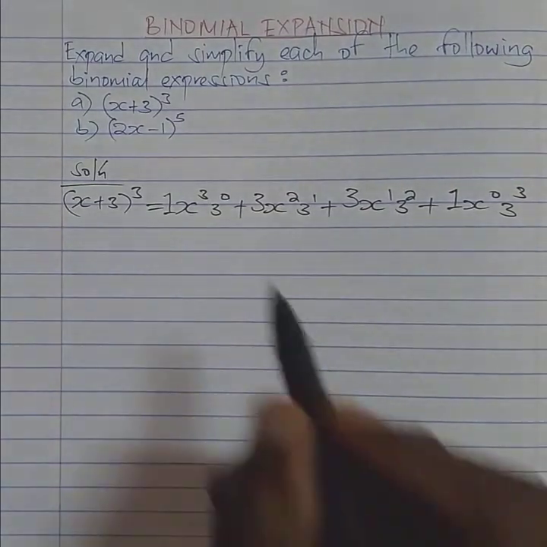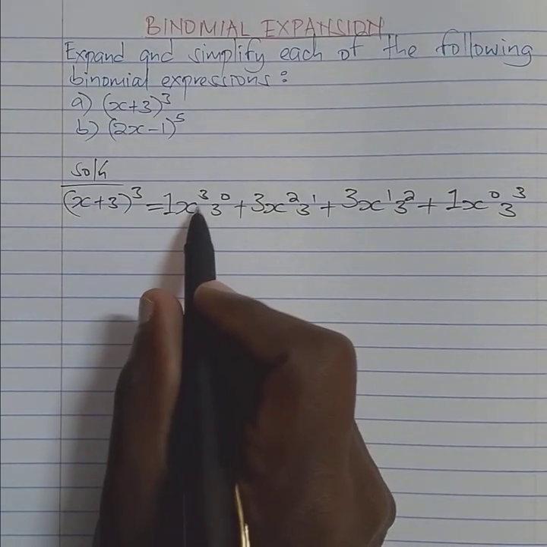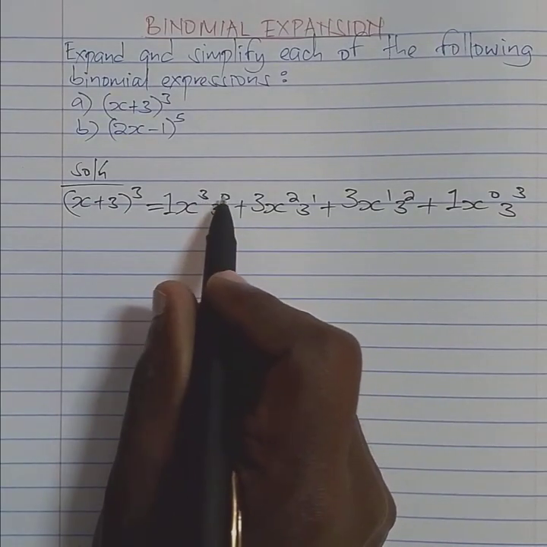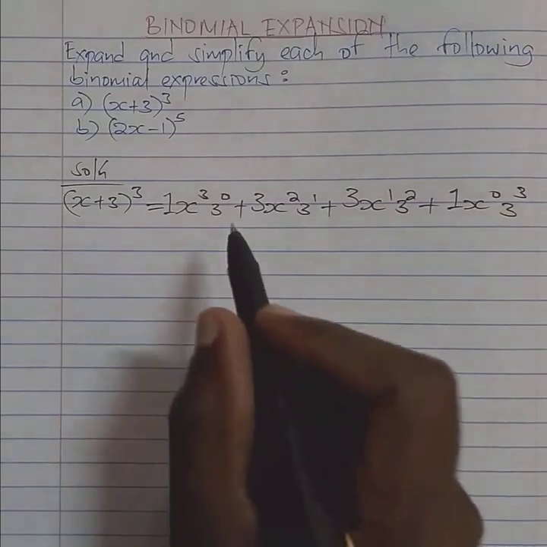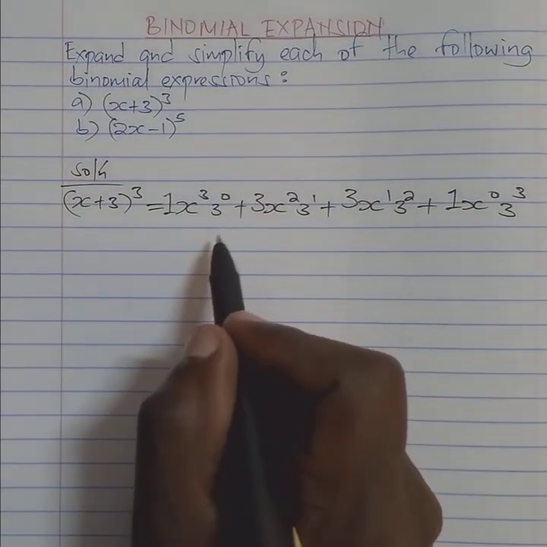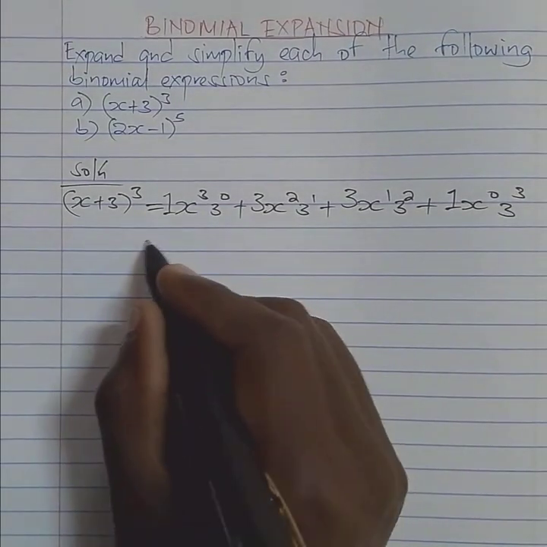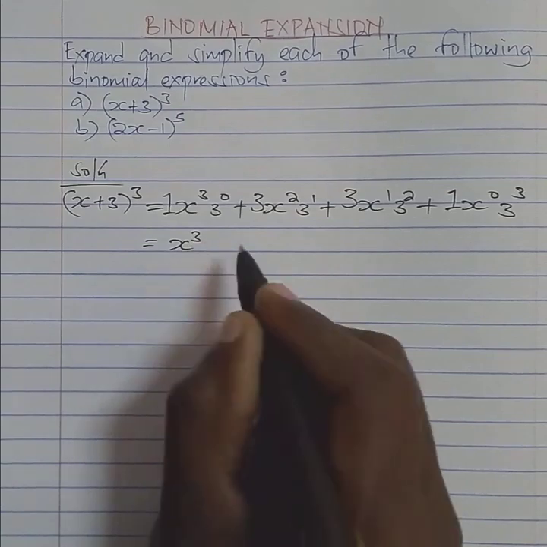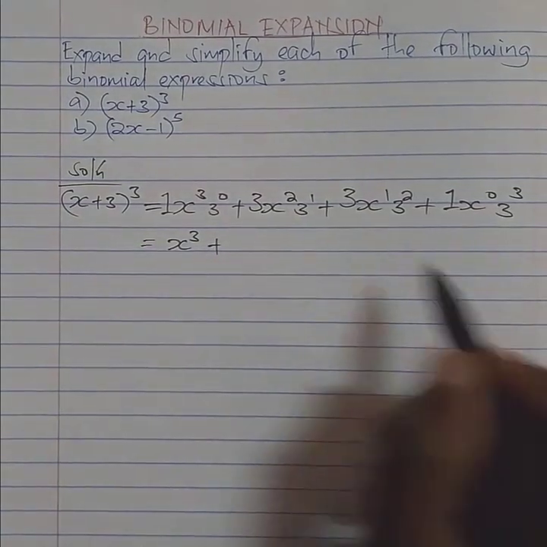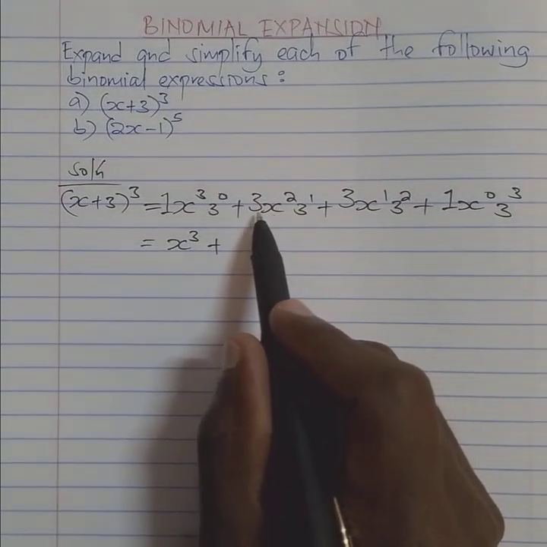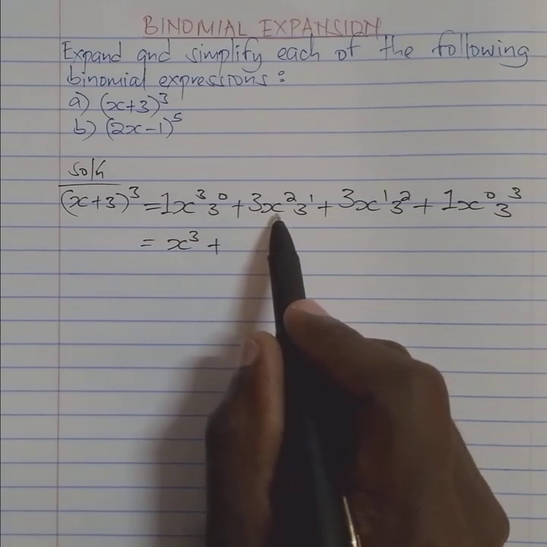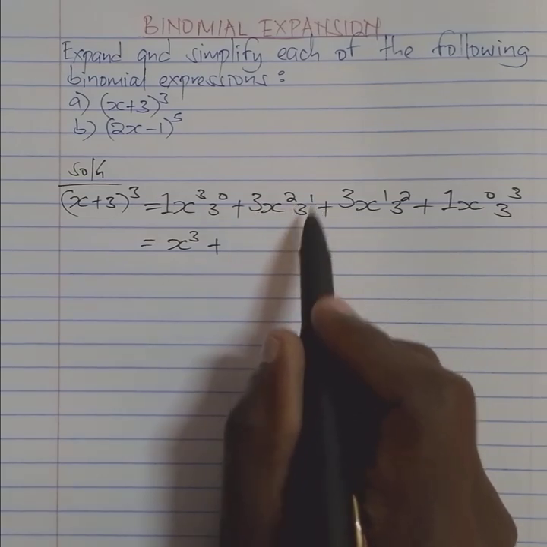To simplify this, this is 1 multiplied by x to the power 3 multiplied by 3 to the power 0. Remember that I said that any number raised to the power of 0 is 1. So this will be equal to x cubed plus, here we have 3 multiplied by x squared multiplied by 3 to the power 1.